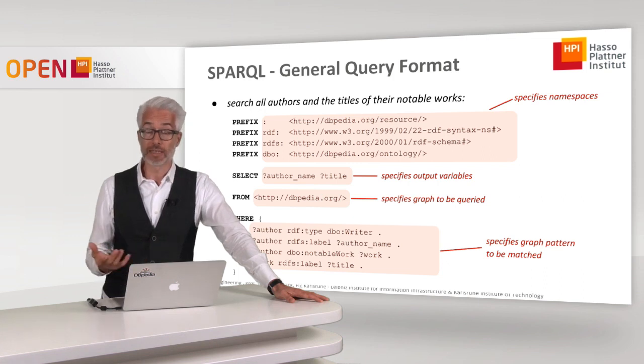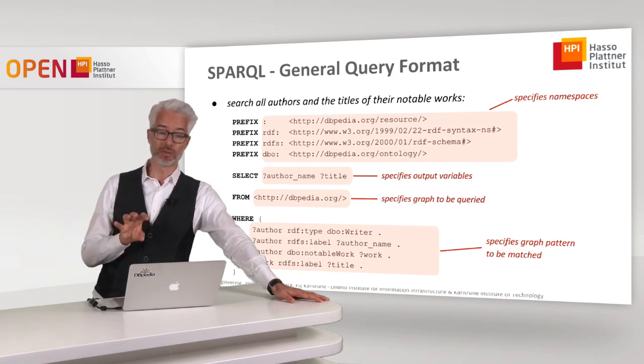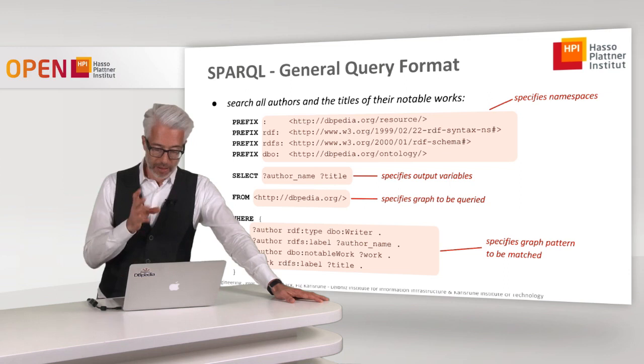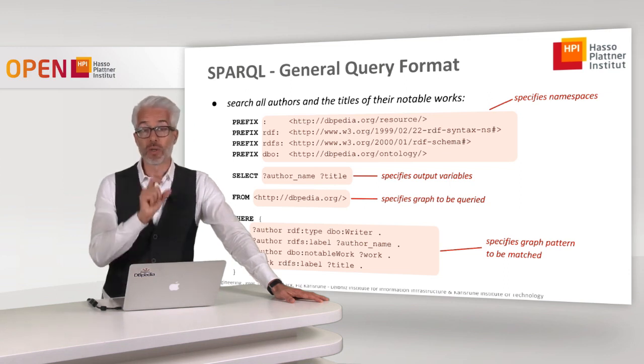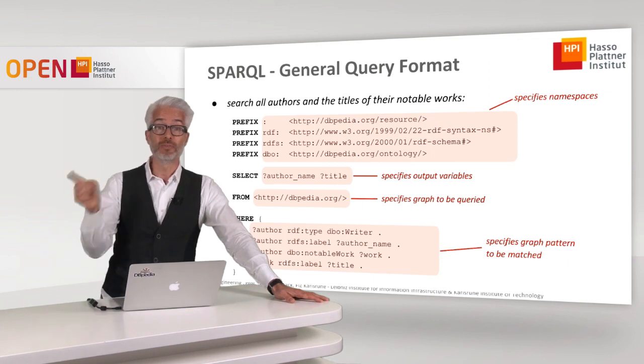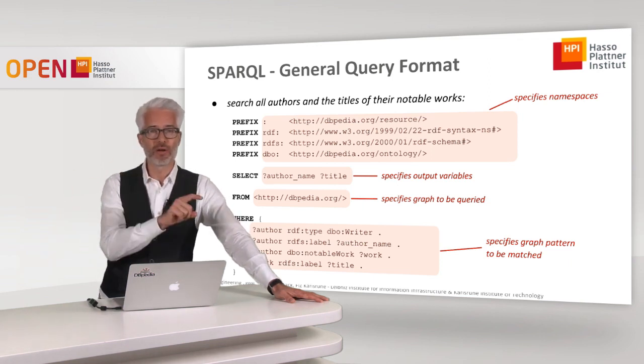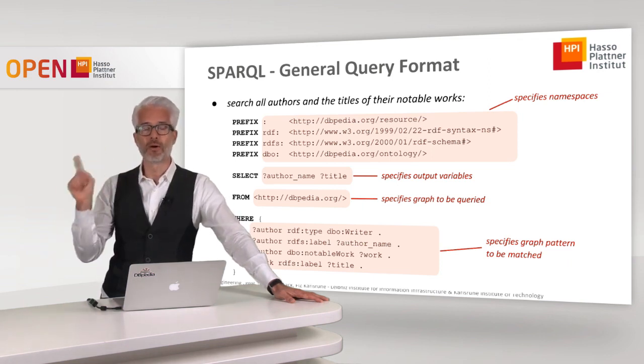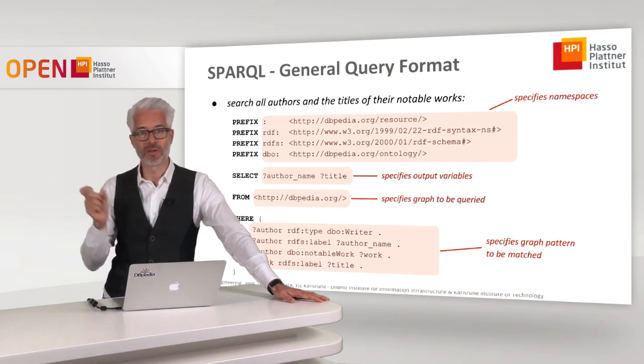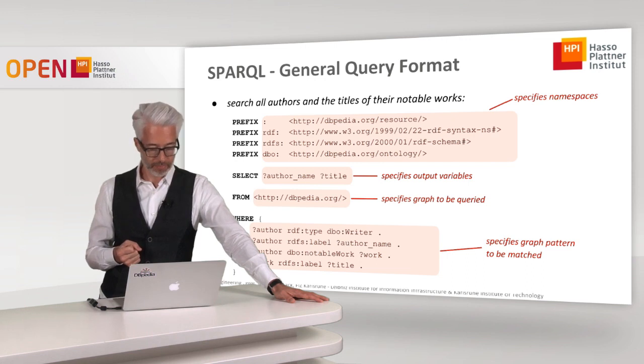DBO writer, again, is a class which comes from the DBpedia ontology. Second thing, we do not want to have the URI of the author, we want to have the name of the author. So therefore, second graph pattern, author, RDFS label, author name, which means this is the label of the author, usually the human readable name.